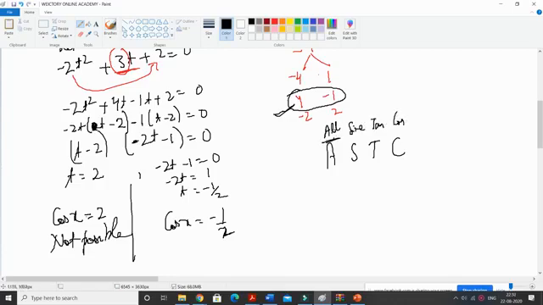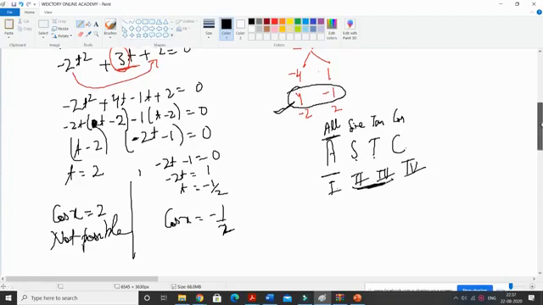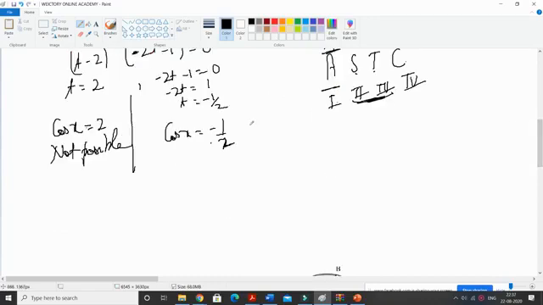So all means here the cos is also positive in the first and the fourth quadrants, but it is negative in the second and the third, right? So your answer is going to be in the second and the third quadrant.